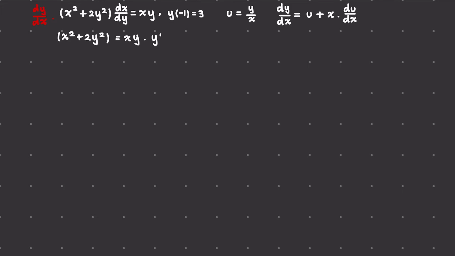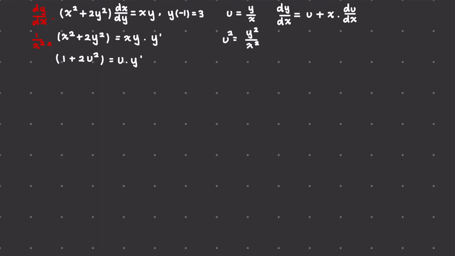That's why let's multiply everything by 1 over x squared, and that will take care of the y squared here, since our substitution will be u squared equals y squared over x squared. So multiplying everything by 1 over x squared gives us x squared times 1 over x squared is just 1, plus 2y squared over x squared is just 2u squared, equals x times y divided by x squared, which is y over x, which is just u times y prime.